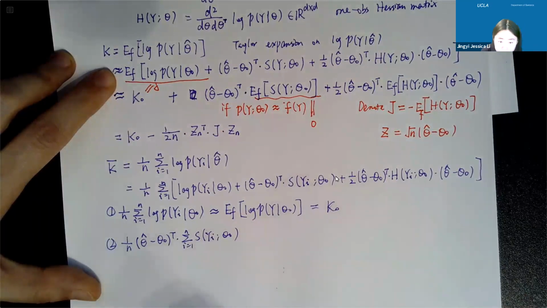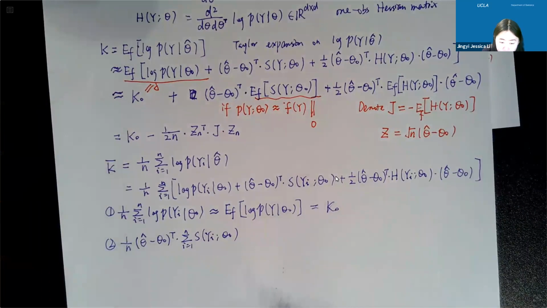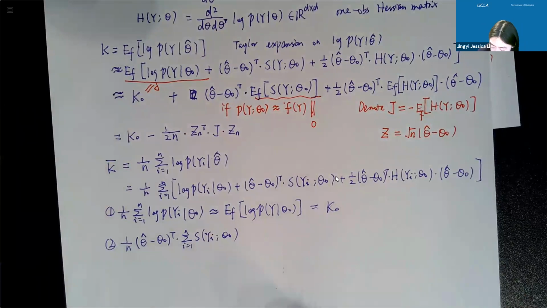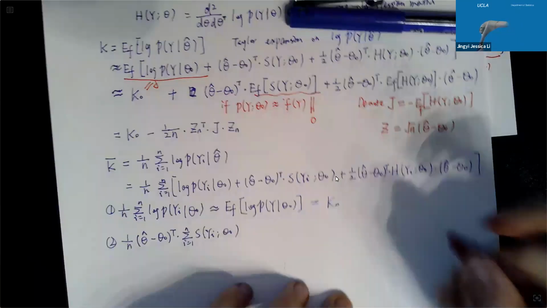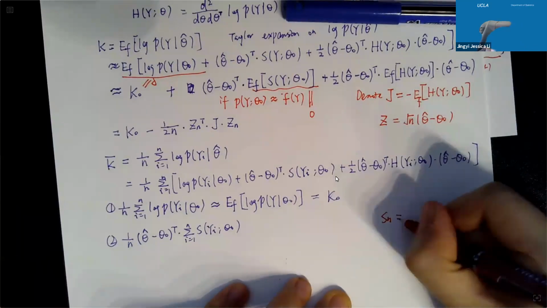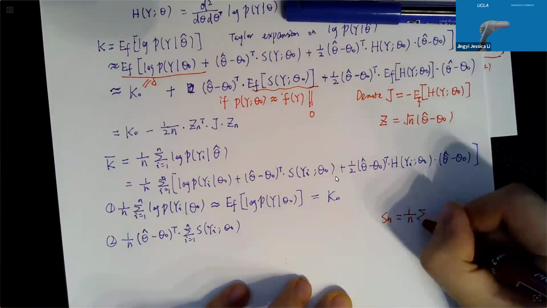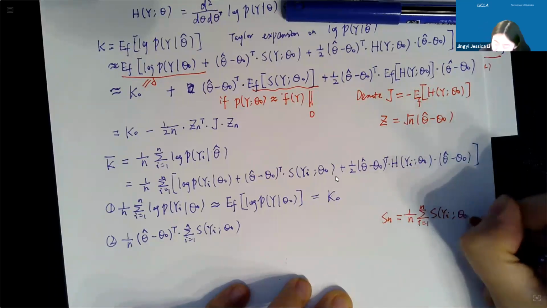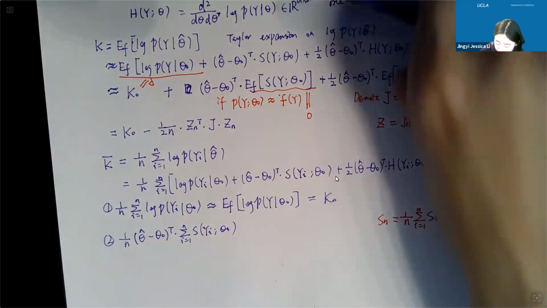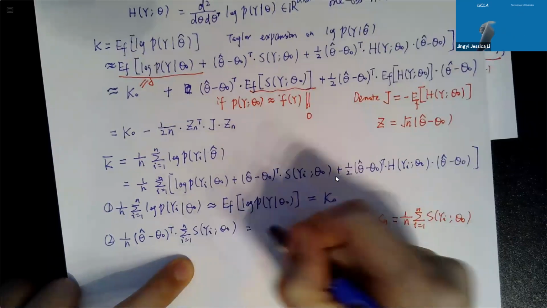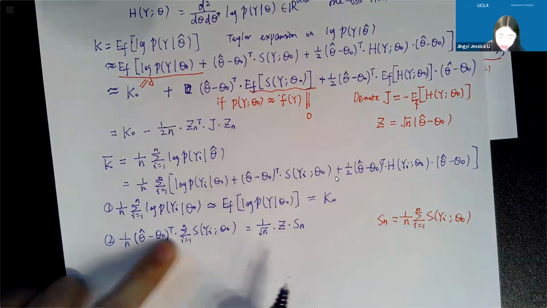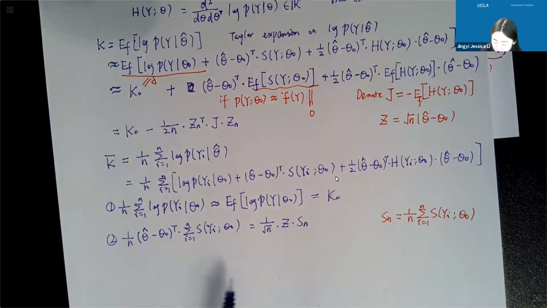Let me give you another notation for simplicity. From now on I'm going to use Sn to denote the 1 over n average of s(y_i, theta 0). Therefore, this will be equal to 1 over root n times Zn transpose times Sn. I didn't make any change here, I just rewrote it using our notation to simplify this part.